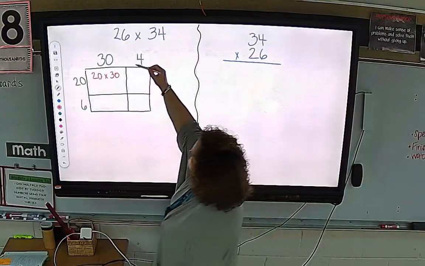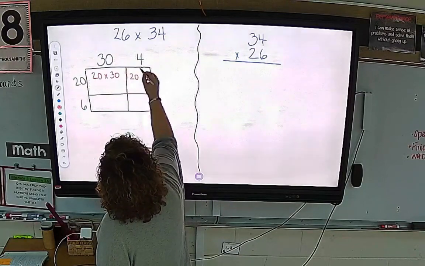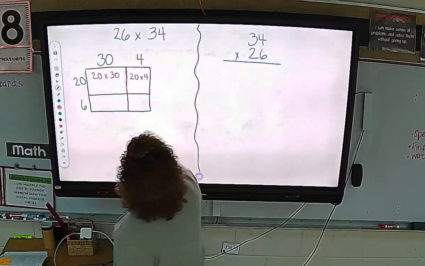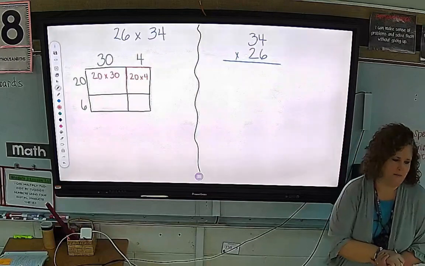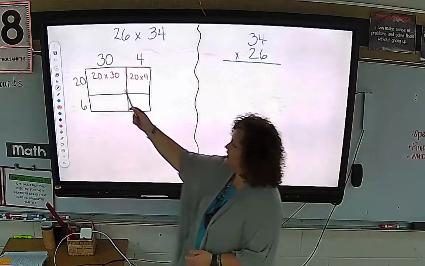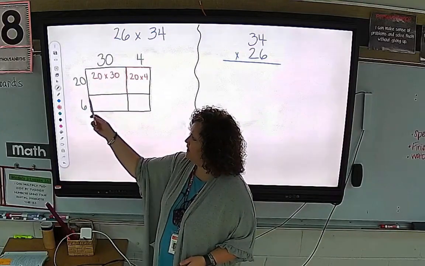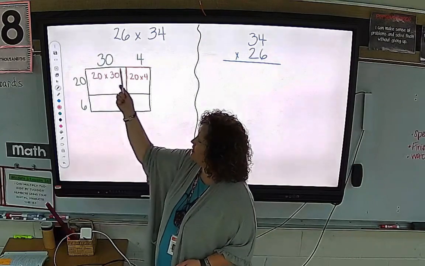What about the next box beside it? 20 times 4. We know this piece is 20, and up here this little piece is 4. Okay, I need to stop and ask this question. Are you understanding where we're getting these numbers from? This little piece is 20. This little piece is 6. This little piece is 30.